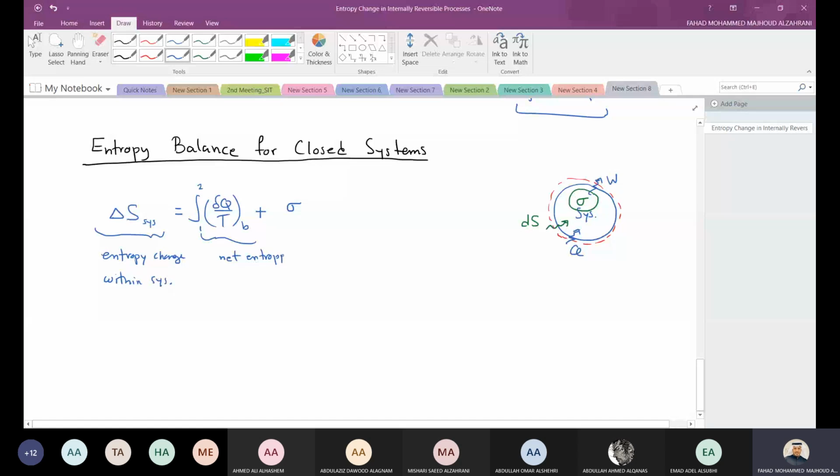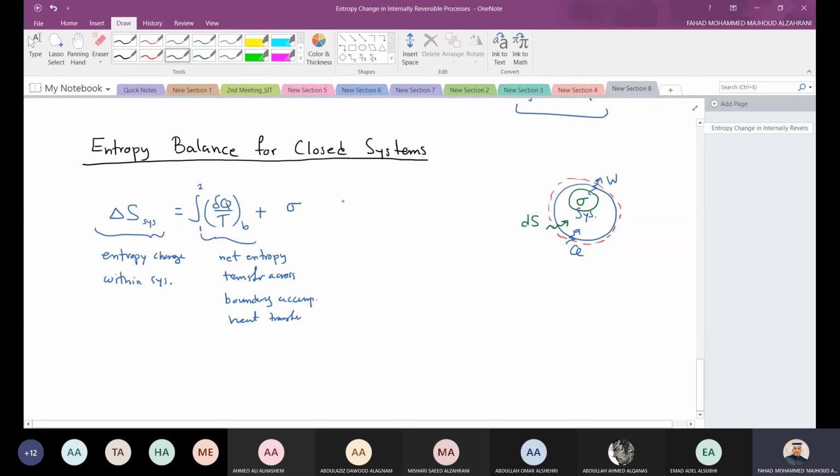Why do I say net? Because I may have heat transfer from more than one location. Okay, so this is the net entropy transfer across the boundary, which accompanies heat transfer.